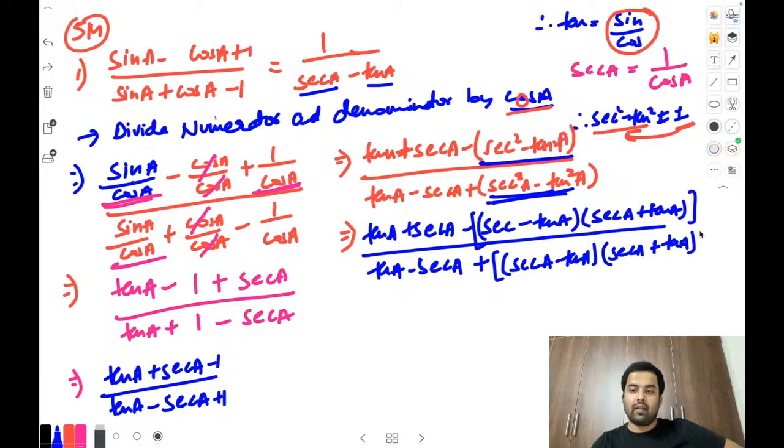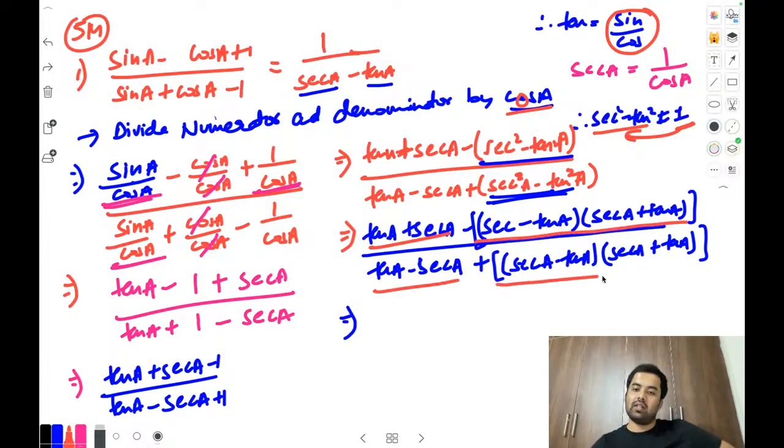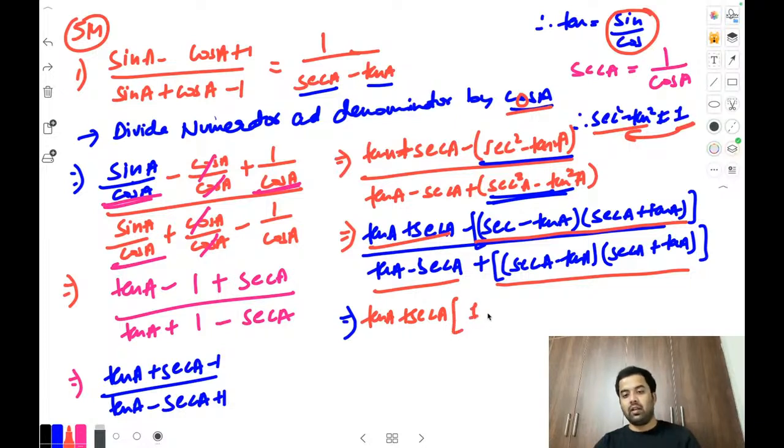Now take a common. We can take common from these two. Let me underline that. This one is the first term and this whole is the second term. Same way, this is the first term, this whole is the second term. Take a common from that. So we can take common what? Tan a plus sec a common. Start the bracket. Left part will be 1 minus sec a minus tan a.